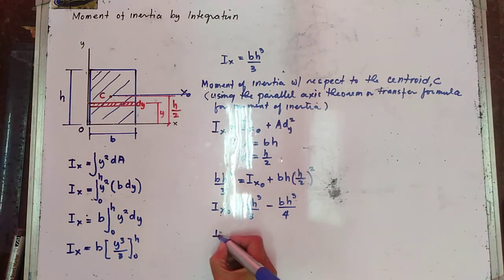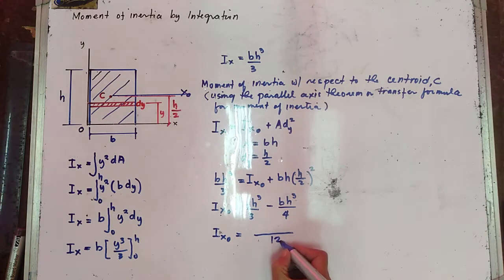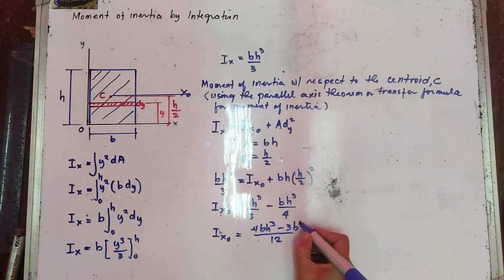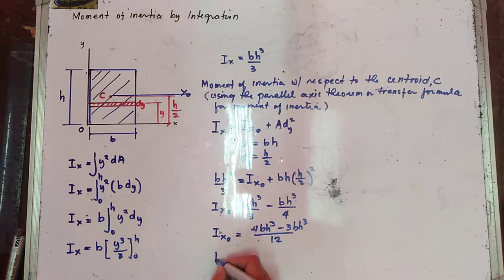So this is equal to, that is 12, so we have 4 BH cubed minus 3 BH cubed. Hence, the moment of inertia with respect to the centroid of this rectangular area in the direction of the x-axis, IXO, is equal to BH cubed all over 12.